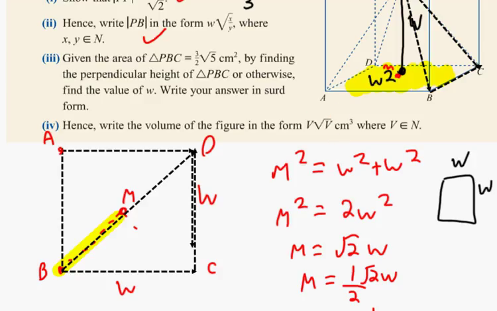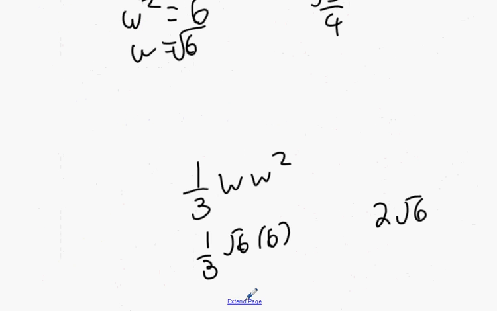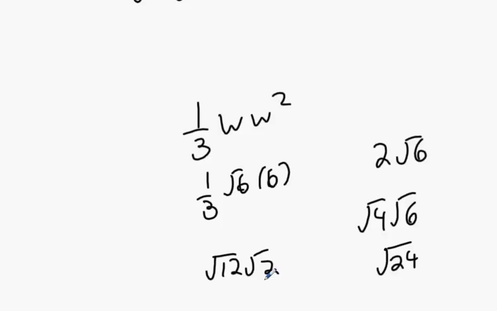So I'm going to try to figure this out. 2 root 6 is the same as root 4 by root 6, which is root 24. I can use root 12 by root 2. No, I can't get it.